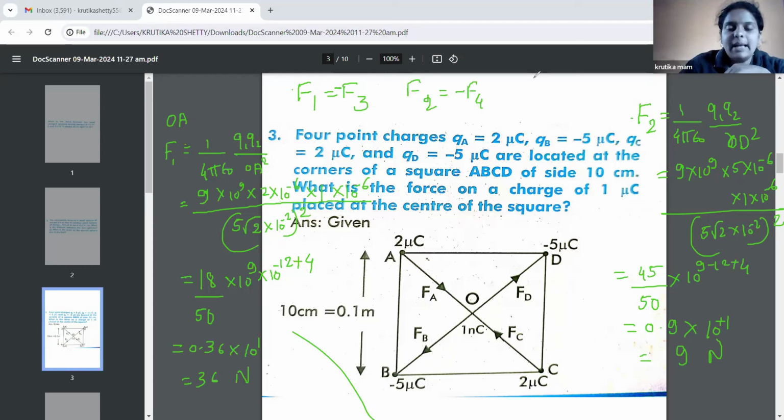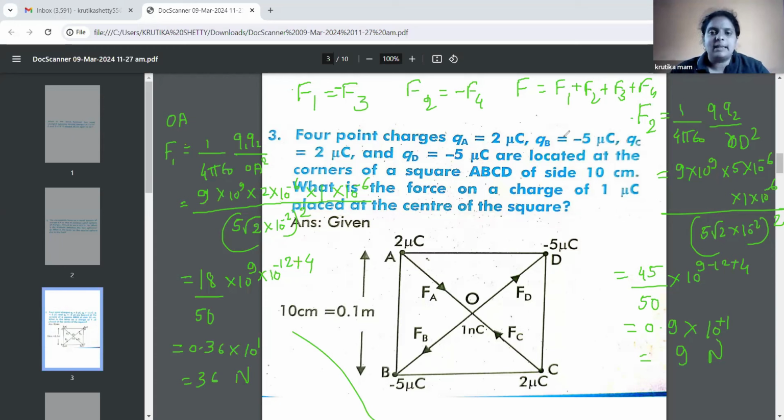Okay. So as we know that the net force at the center, according to the principle of superposition, the net force at the center or wherever you want is given by F1 plus F2 plus F3 plus F4. Here one value comes positive, one value comes negative. F1 positive, F3 will be minus, F2 positive, F4 will be minus.